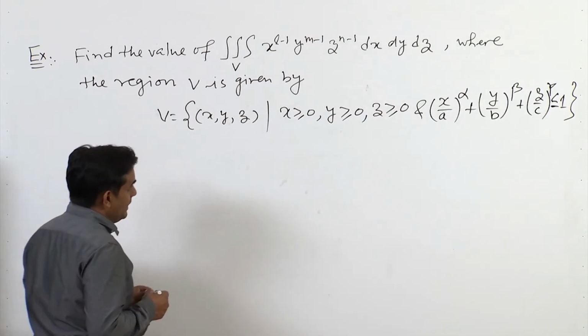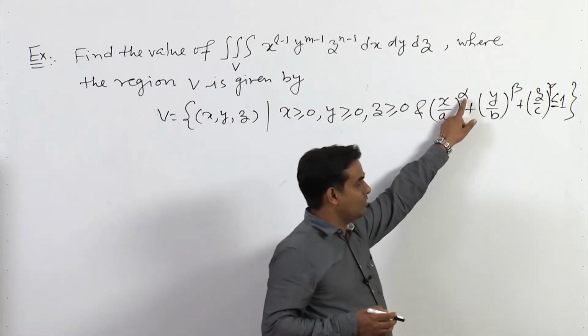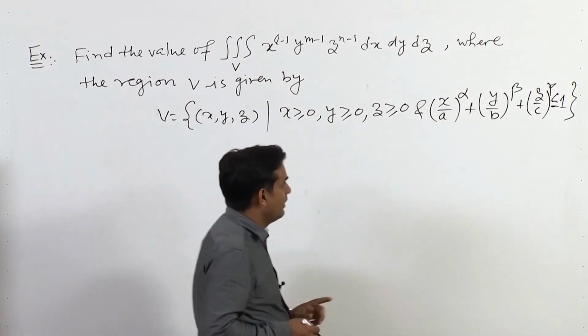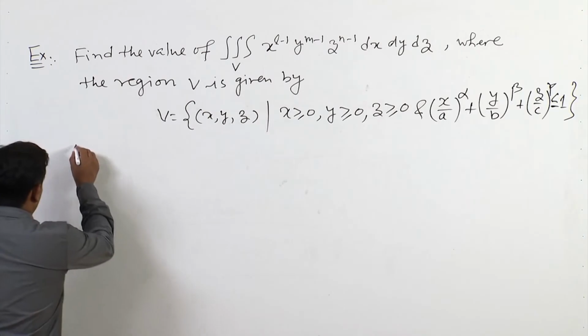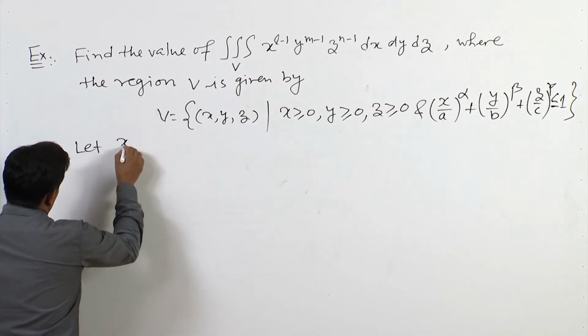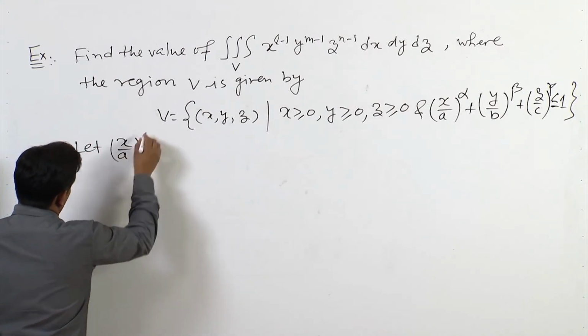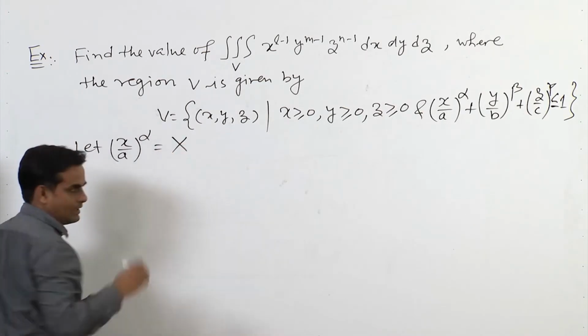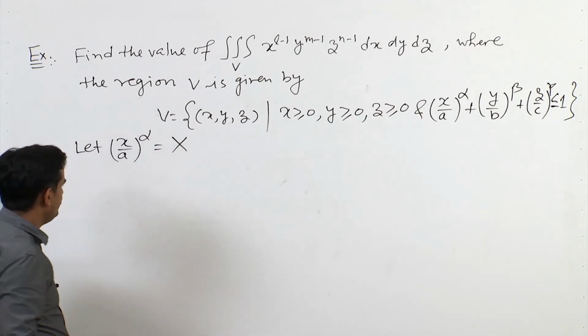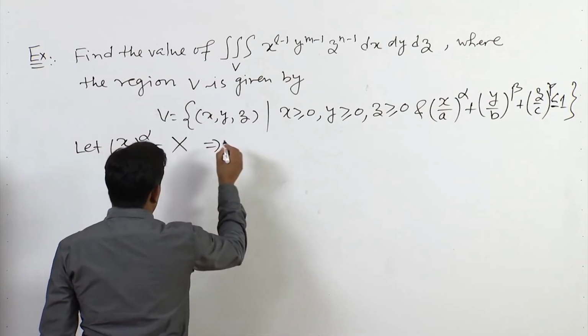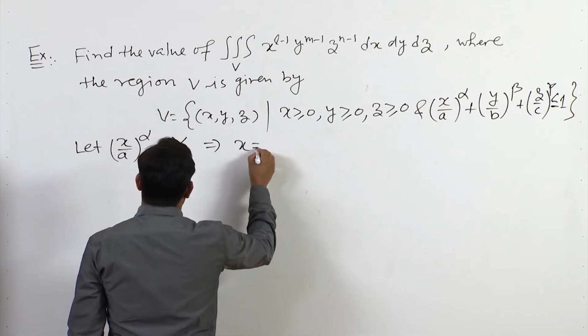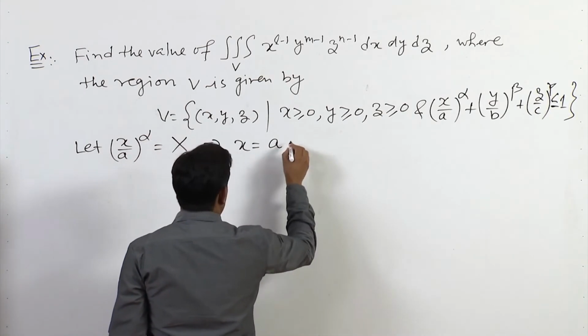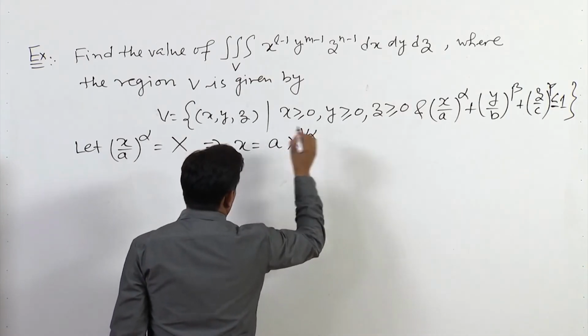So, here the first term is x upon a raised to power alpha. So, let x upon a raised to power alpha equal capital X. This will give me x equals a times capital X raised to power 1 upon alpha.